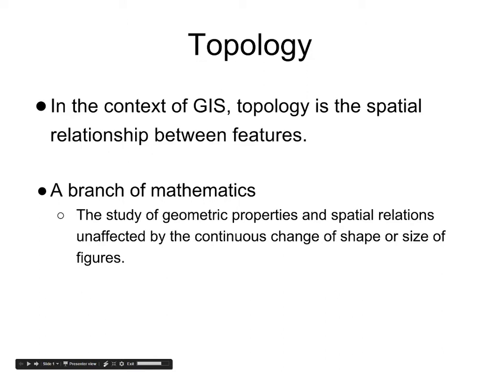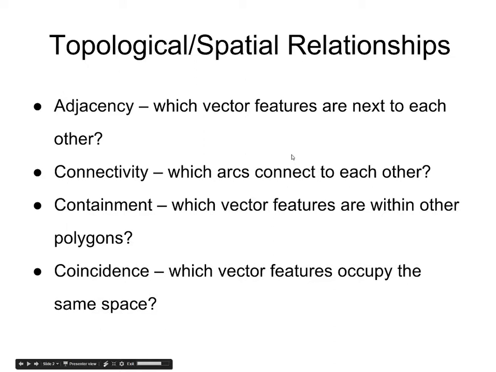So in general, these kinds of topological relationships, and you'll also often hear them referred to as spatial relationships, the ones that are a basis for what we do are adjacency, which defines which vector features are next to each other, connectivity, which arcs connect to each other, containment, which vector features are within other polygons, and coincidence, which vector features occupy the same space.